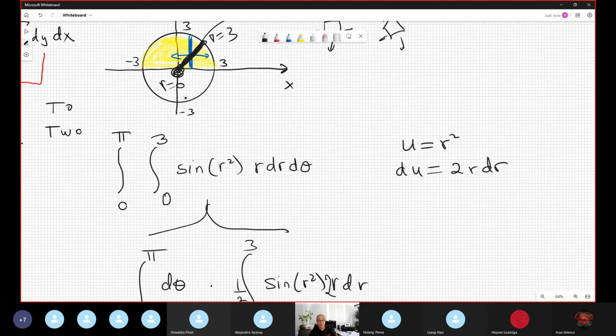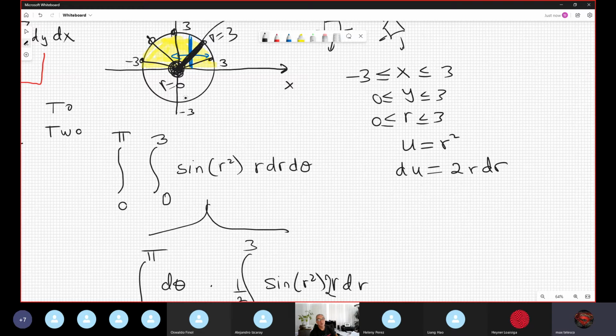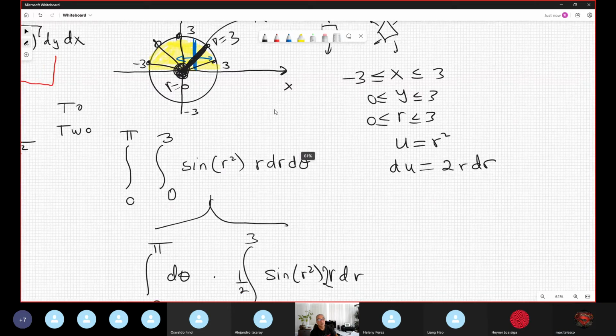And in the world of x, I go from -3 to +3. And in the world of y in this problem, I go from 0 to 3. That is the reason it's first quadrant and second quadrant. But in the world of r, I go from 0 to 3. Look, from the origin 0 to 3, to touch any point, 3 units in any direction. Oh, even at the bottom, it'll still always be 3.